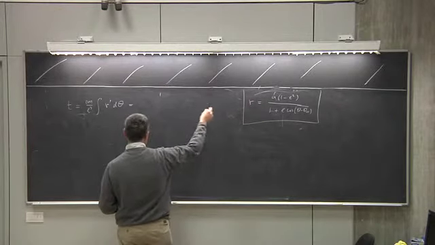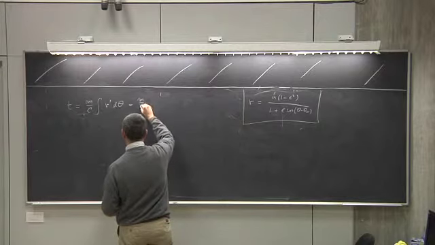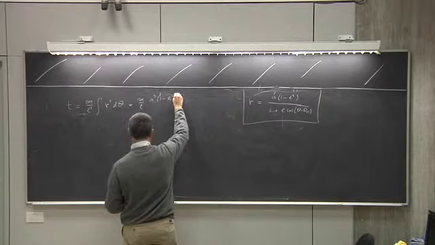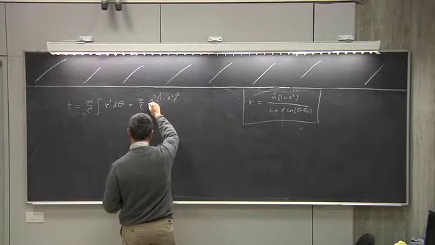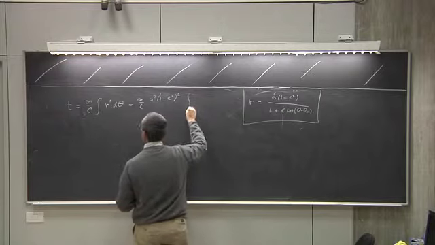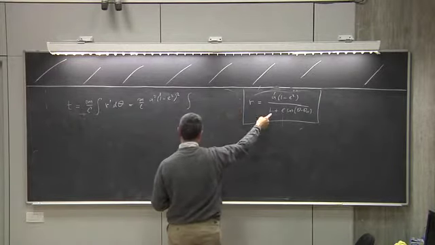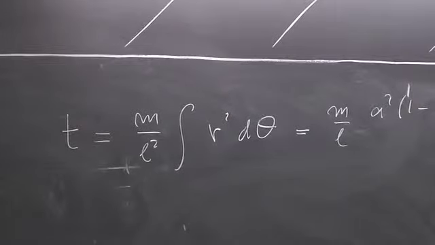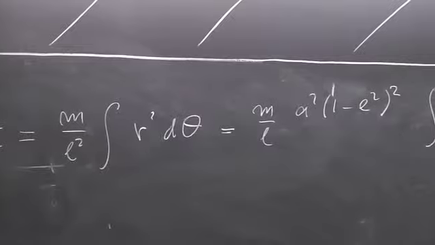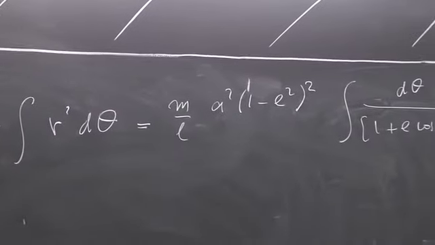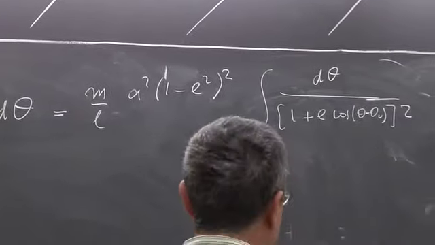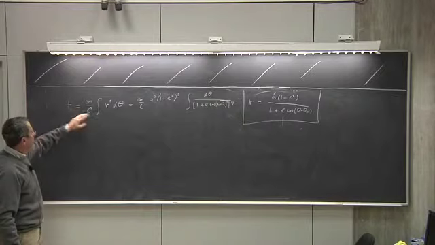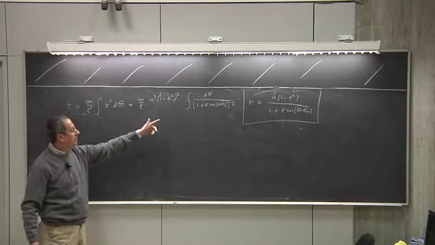So I plug in this, I have this constant, and then I have a square. This is another constant, if you wish. That's it. And then you have to integrate the square of this, d theta over 1 plus e cosine of theta minus theta 0, squared. So then you invert and you find theta as a function of time.